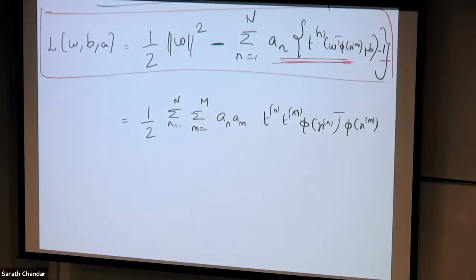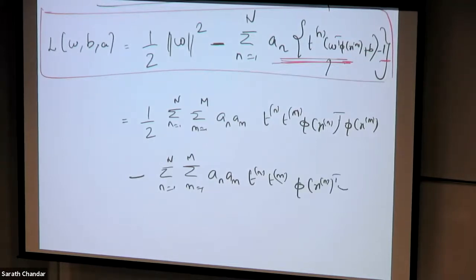Now similarly, minus summation over N is equal to 1 to capital N. Here you see another W. I have to substitute W, so I'm going to put another summation, summation M is equal to 1 to capital M, An Am Tn Tm, phi of Xn transpose phi of Xm.